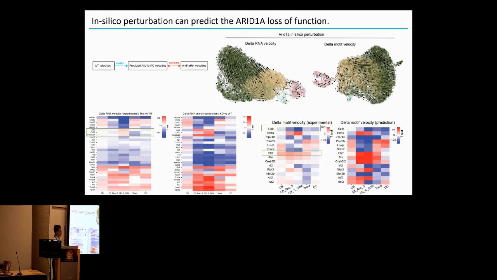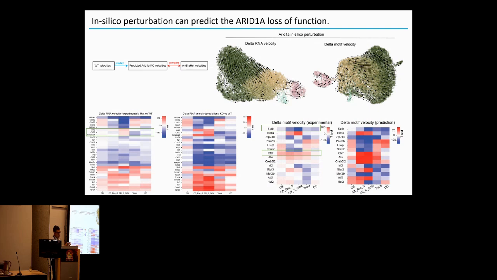So this shows that the cells can't have their typical dynamics in the system, and these are the genes for which we can accurately predict the direction of the effect. So we have mutant versus wild type in the experimental setup, and our predicted knockout versus wild type.